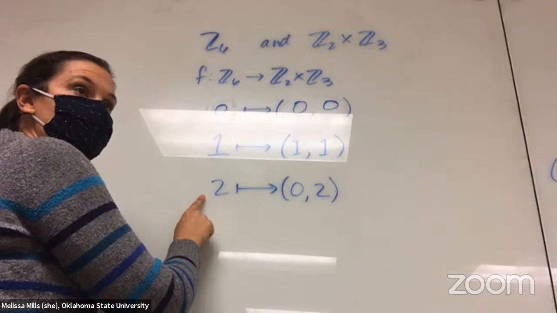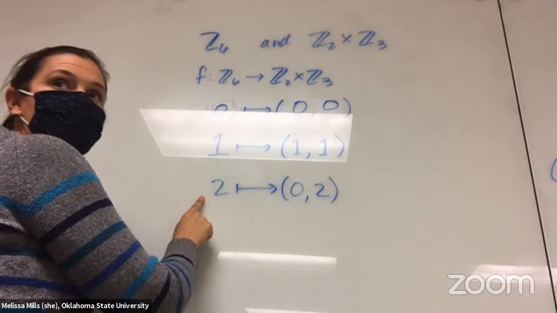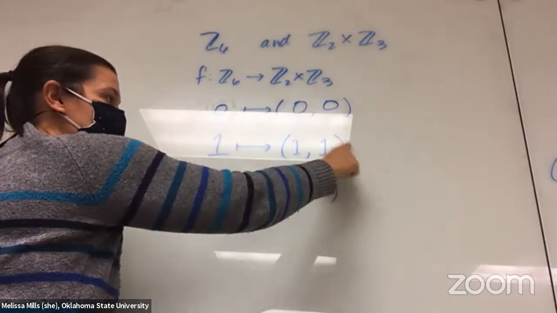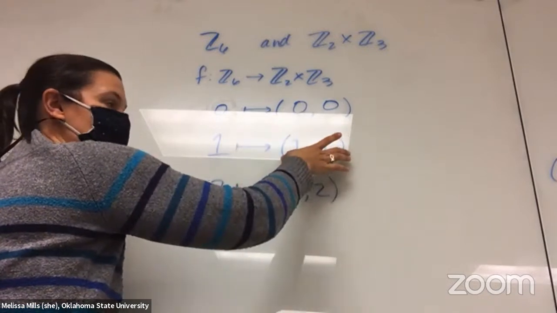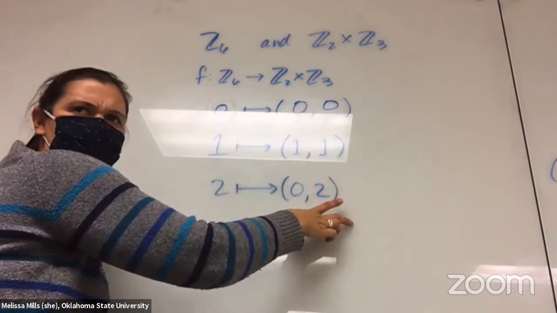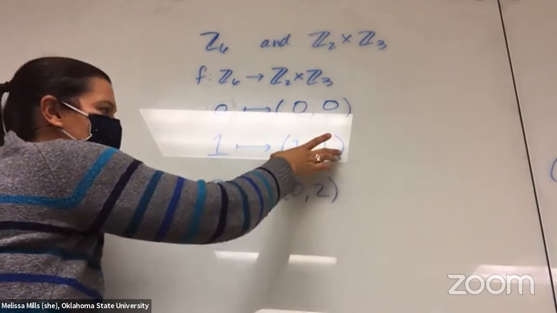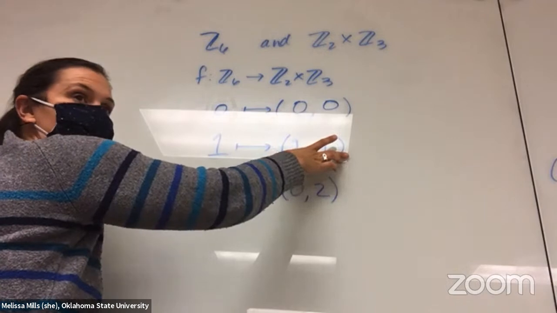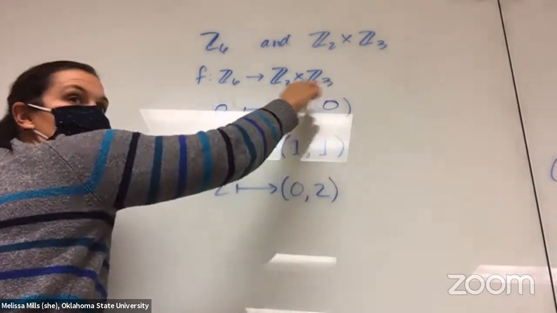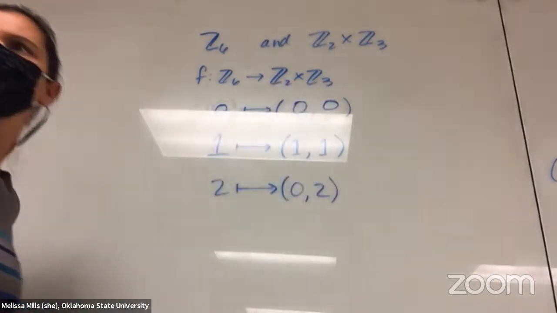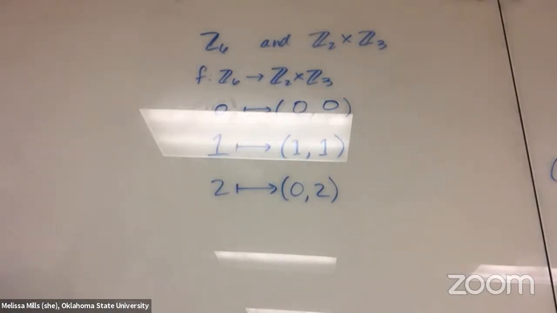So if this maps to 1, then 1 plus 1 needs to equal that. Does that work? If I do 1 plus 1, I'm going to get (2, 2), but then I need to do that mod 2 and mod 3. So I'll get (0, 2). Does that sort of make sense?